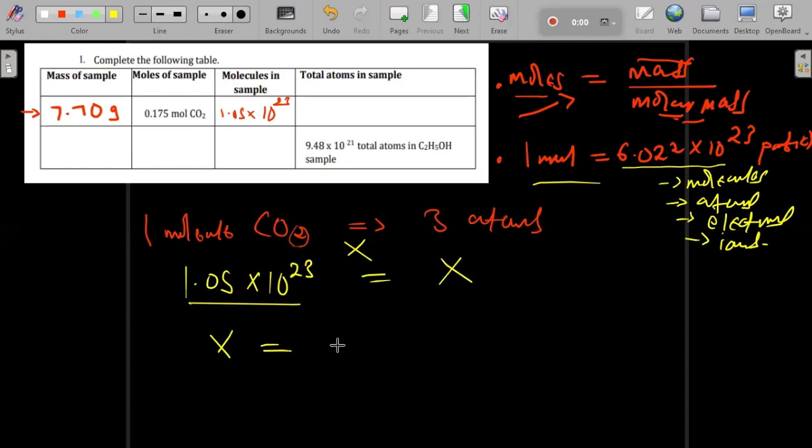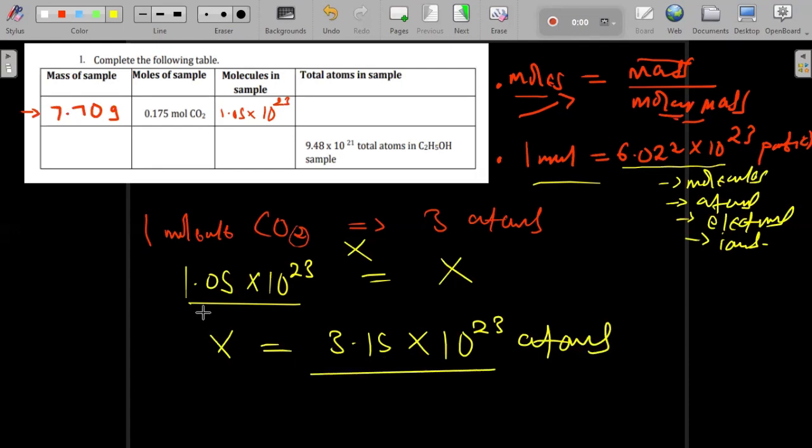It's going to give me 3.15 multiplied by 10 to the power 23 atoms. Okay, so in this much of the molecules, we have this much of the what? The atoms. So you can get this number and put it here. Okay, so 3.15 times 10 to the power 23 atoms.